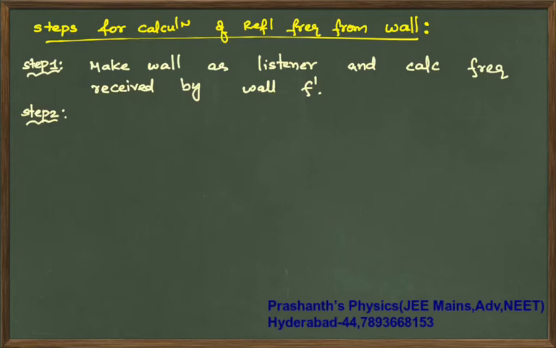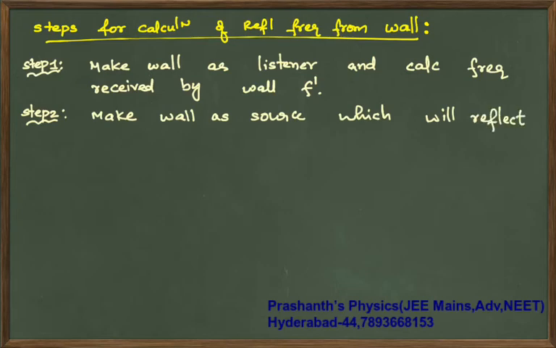Next, step 2. Your second step is, make wall as source, which will produce a frequency of f dash.